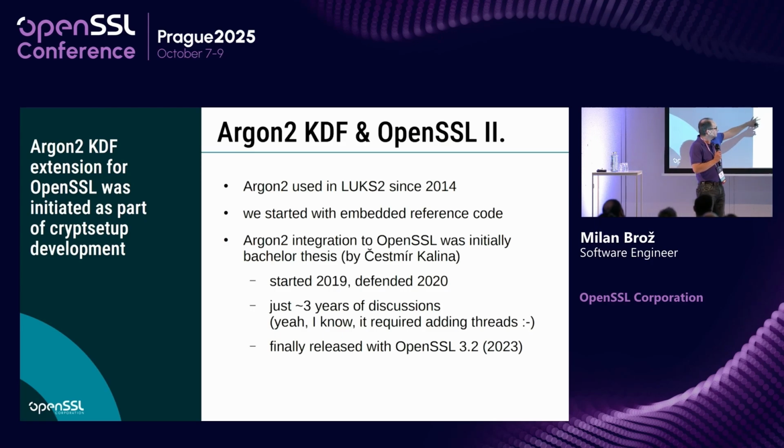You can see here, work started 2011, the thesis was defended 2020, but there were 3 years of discussion on the OpenSSL discussion forum on GitHub until we got where we are now. I know the problem was the thread, not the algorithm itself. But anyway, I'm not working for OpenSSL Corporation, so I hope we will improve a little bit in that, because it was painful. But we got there. So there is a success story.